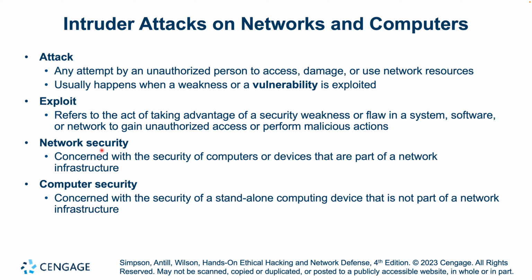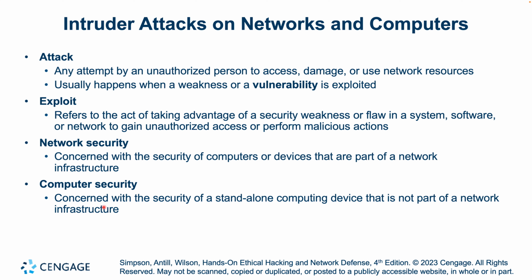Now, network security. This is concerned with the security of computers or devices that are part of a network infrastructure. Okay, devices can be routers, switches, standalone firewall systems, standalone operating servers, anything like that.